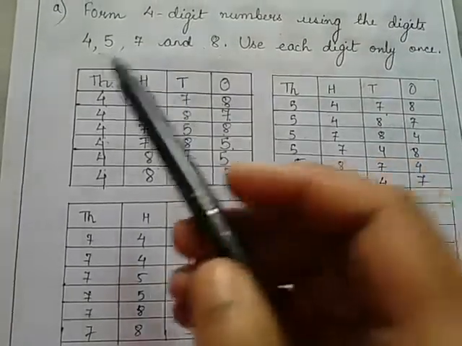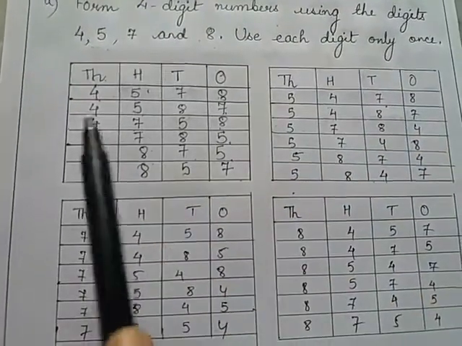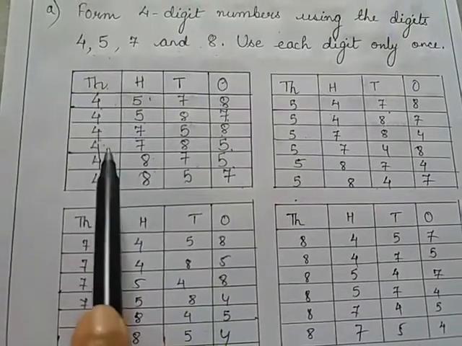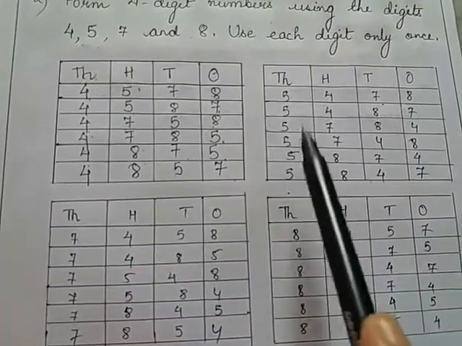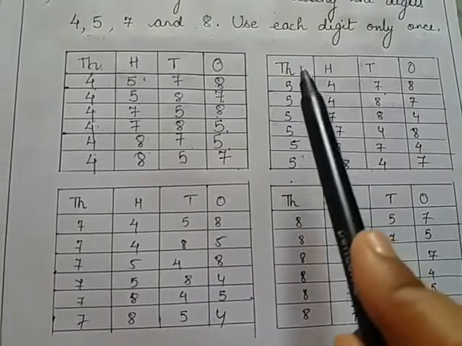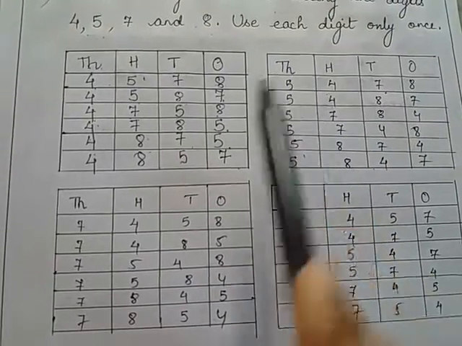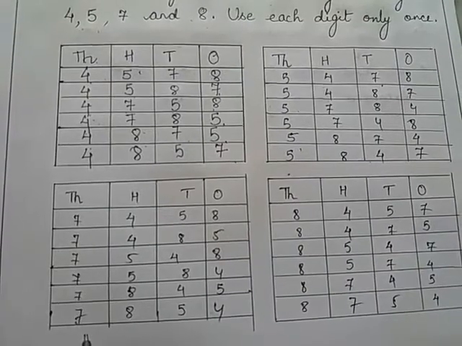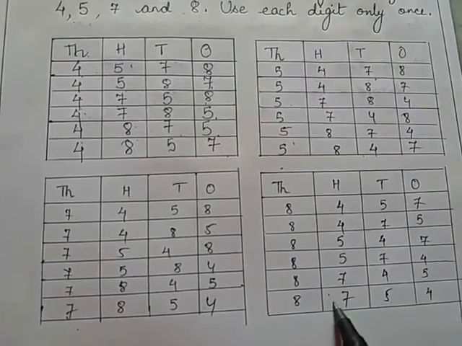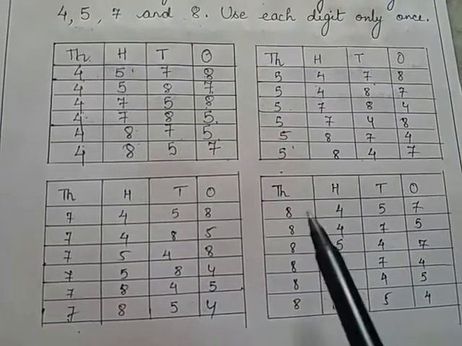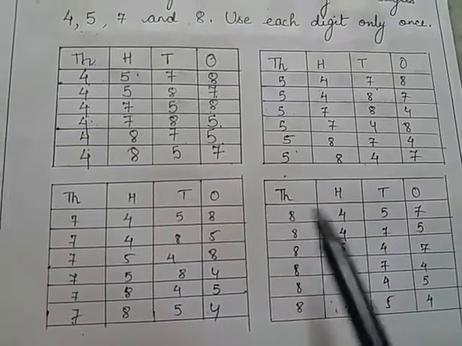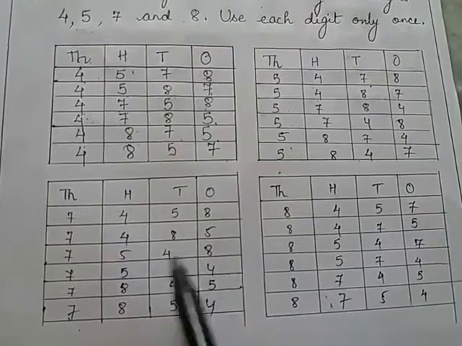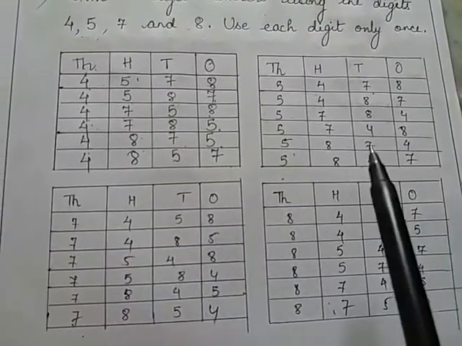Students, from the given digits we can see that in the first place value chart we have kept 4 in the 1000 place. Then in the second place value chart we have kept 5 in the 1000 place. In the third place value chart we have kept 7 in the 1000 place, and here in the fourth place value chart we have kept 8 at the 1000 place, and the rest of the digits we have interchanged among themselves. Their place values have changed.